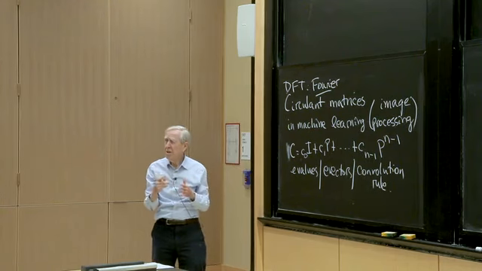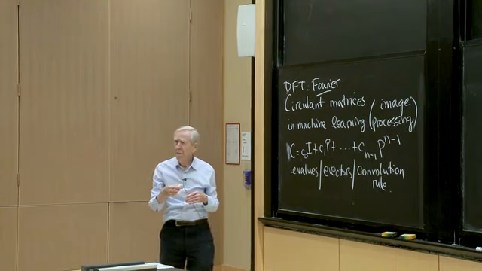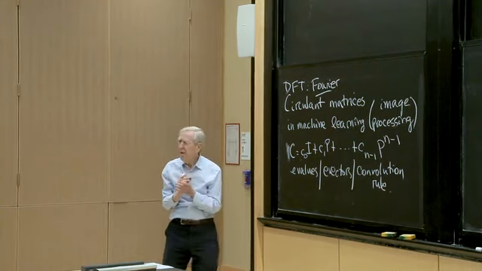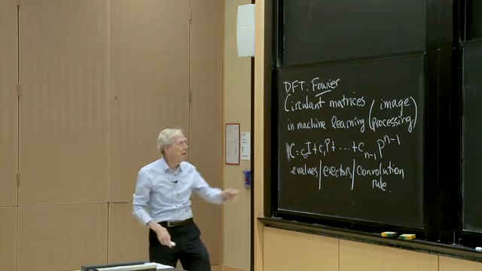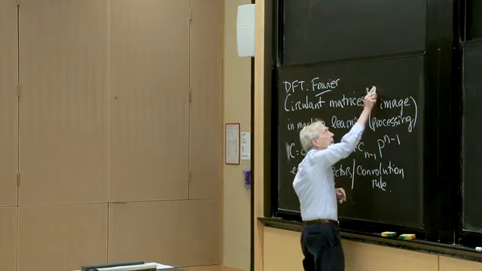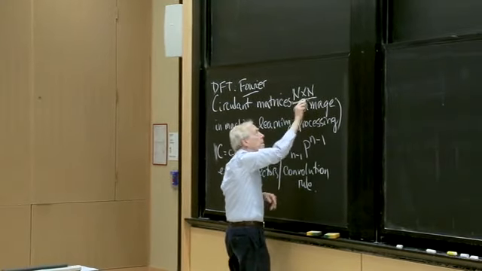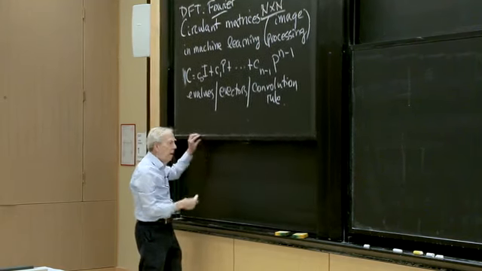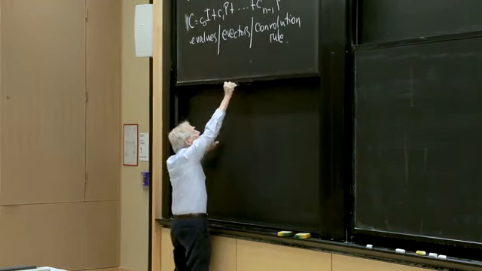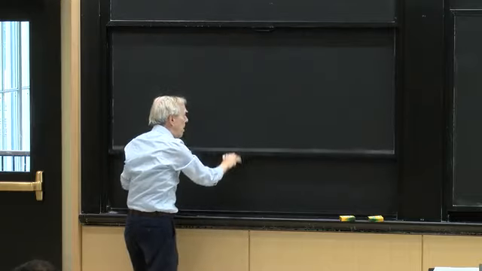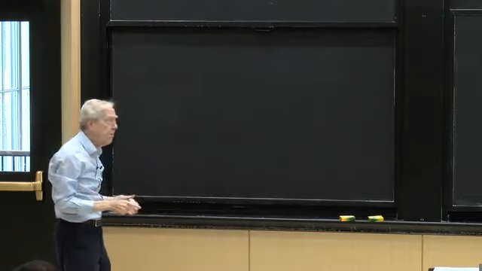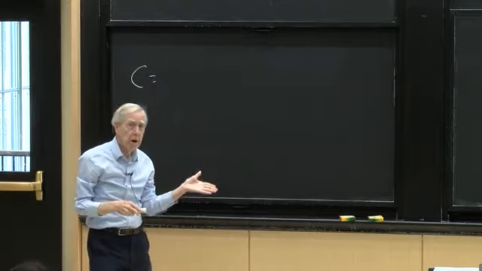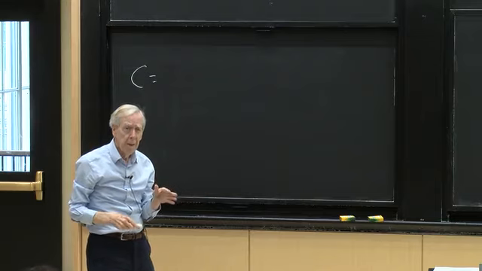So circulant matrices are connected with finite size matrices of size n. So our circulant matrices will be n by n, and you remember the special form. This is a key point about these matrices C: they're defined by not n squared entries, only n.